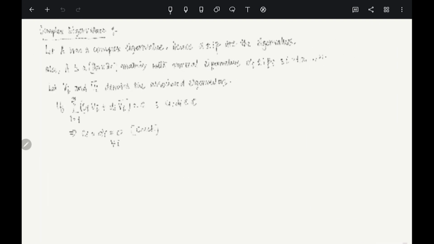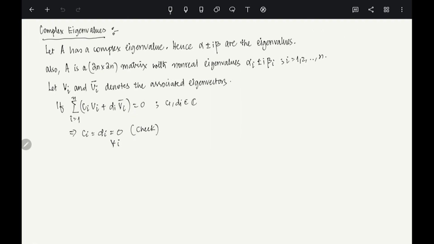Okay, so can we do that? Now what do we do? We change the coordinate of A. Okay, so to do that, what we do is this: now define W_{2i-1} to be half of, so the real part of Vi, that is (Vi + Vi bar).